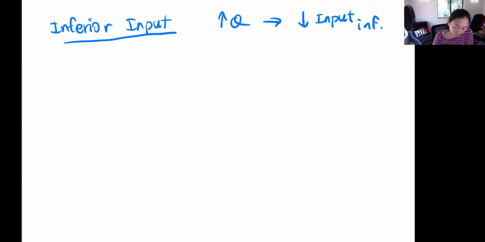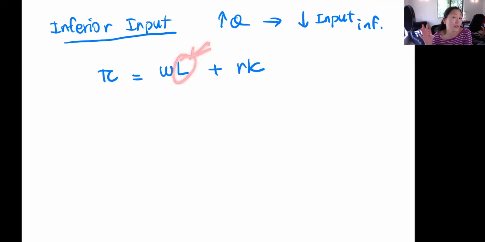Then think about total cost equal to the wage bill times L. Let's say there are two inputs, L and K. If we assume that L is the inferior input, then when you increase Q, you would reduce L, the inferior input.